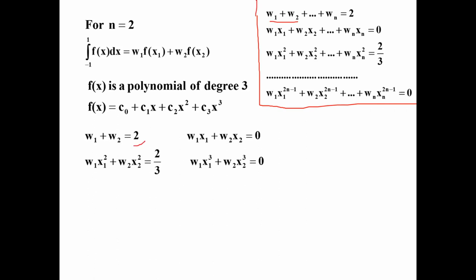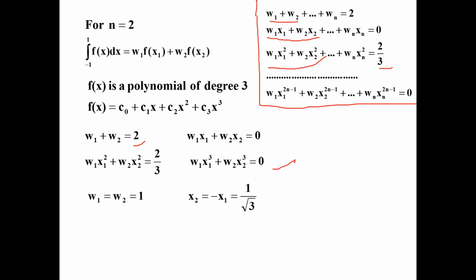Then in this also 2 terms will be there, 0. Here also 2 terms, which is 2 by 3. And in next it is 0. And after that there won't be any term because it is up to cube only.